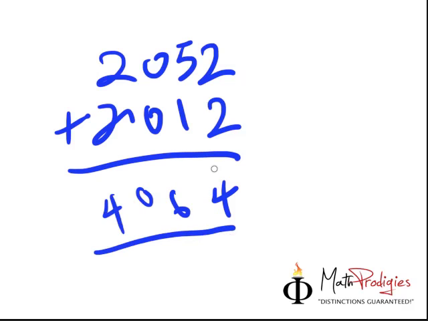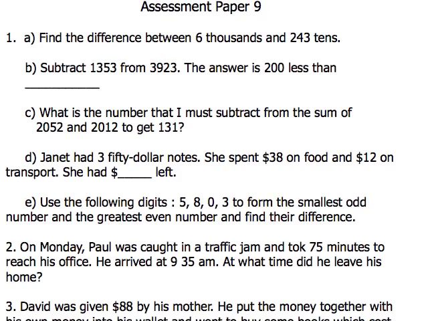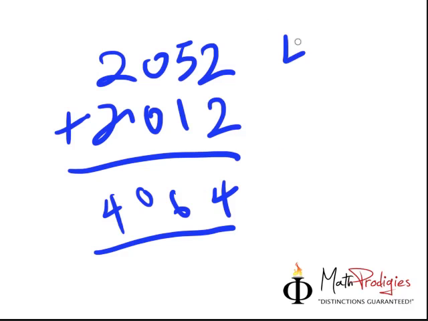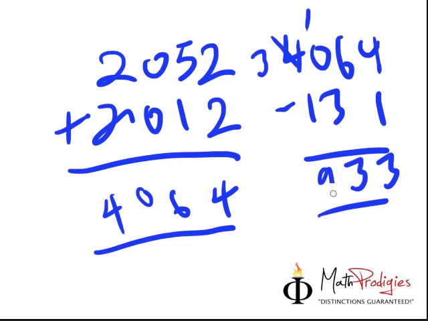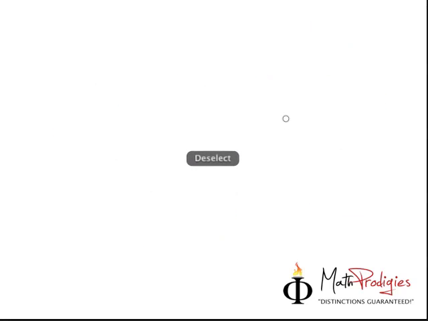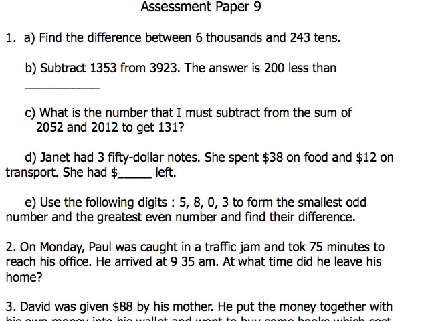Answer 4064. And they said, what must I subtract from this sum to get 131? So 4064 minus 131. 4 minus 1, 3, 6 minus 3, 3, 0 minus 1, cannot, borrow from 4, 3, 10 minus 1, 9, 3. The answer is 3933. Alright, good job.